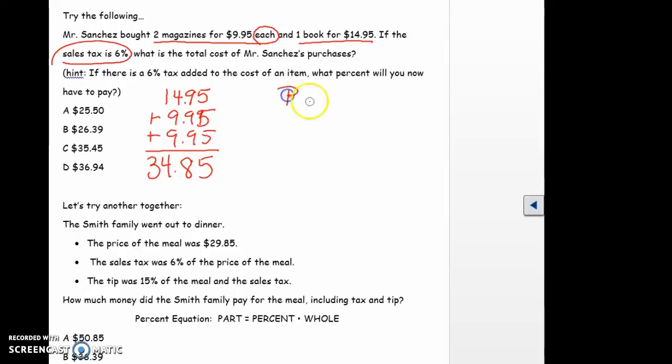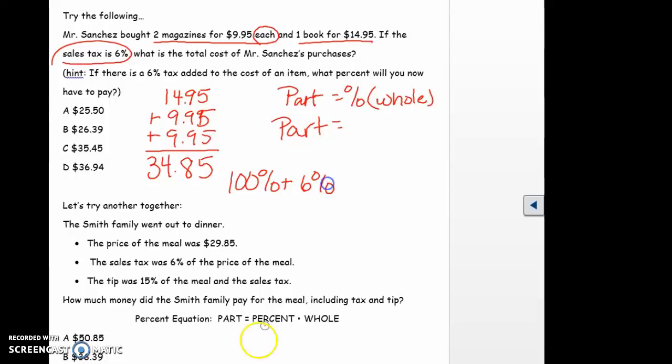Now I'm going to use my percent equation. Part equals percent times the whole. Okay, let's work with what we have. Part equals, okay, the percent. If he paid 100% for his books and magazine, and we're adding 6% tax, this is like the one we did on the front side, this comes to 106%, which is the same thing as 1.06.